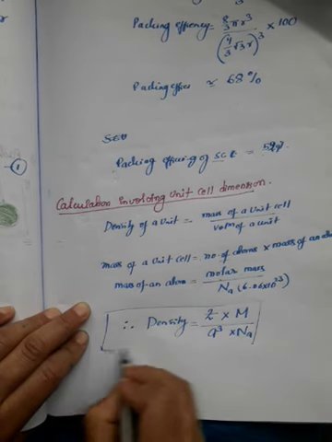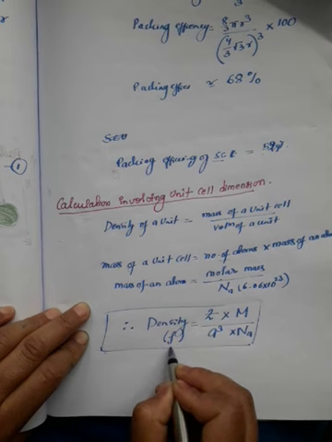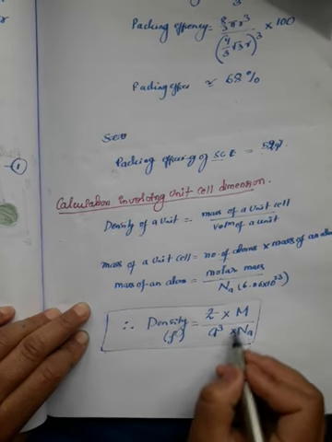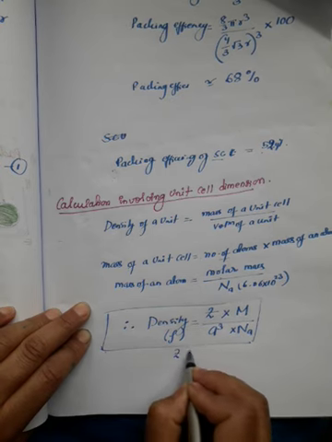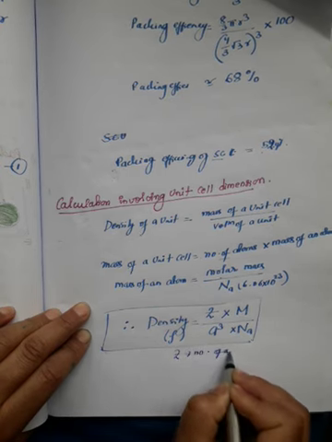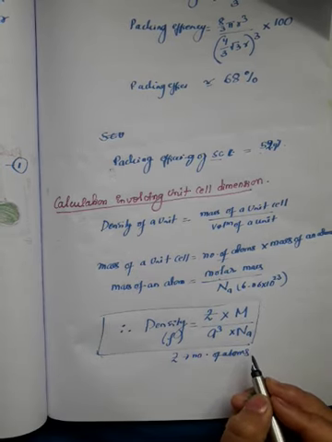So this is the relationship for density. Density is generally denoted by rho. So rho equals Z into M divided by a cube into Na, where Z is the number of atoms and it depends on the nature of the unit cell.